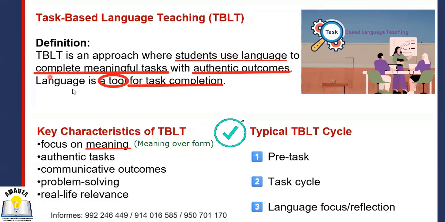Encourage our students to use this language, to talk in English, right? Of course, authentic tasks, communicative outcomes, communicative evidence, right? At the end of the session, they should communicate. Problem solving is also another characteristic, as well as in CLT, remember, and real life relevance, of course.